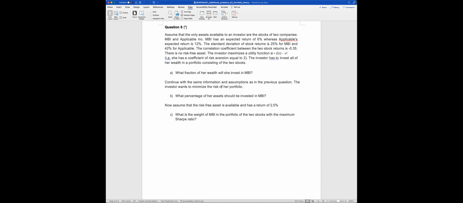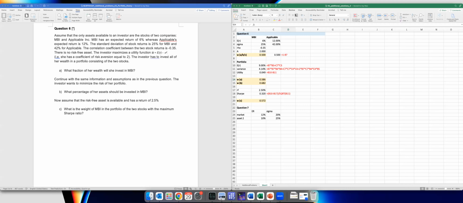Now we're trying to solve the optimal portfolio that maximizes the utility level with two risky assets. For these kinds of questions, we need to use the solver in an Excel spreadsheet. So let's go to Excel and enter all the numbers here.